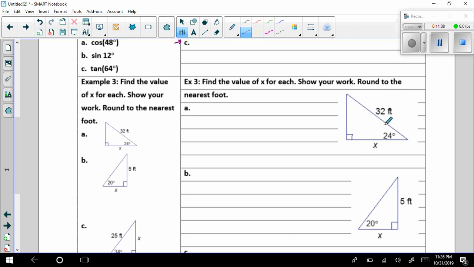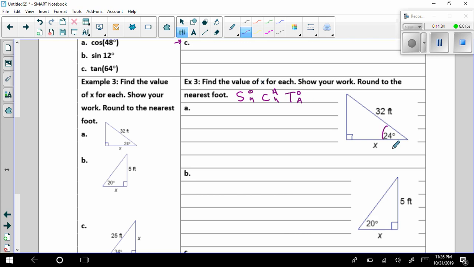With a trig identity, you need 1 angle measure and 1 side. So if you have 2 sides, you can use Pythagorean theorem. If you have 1 angle and 1 side, you can use a trig identity. So just a reminder of what those are. We have SOHCAHTOA, so sine, cosine, tangent, and then what they are.